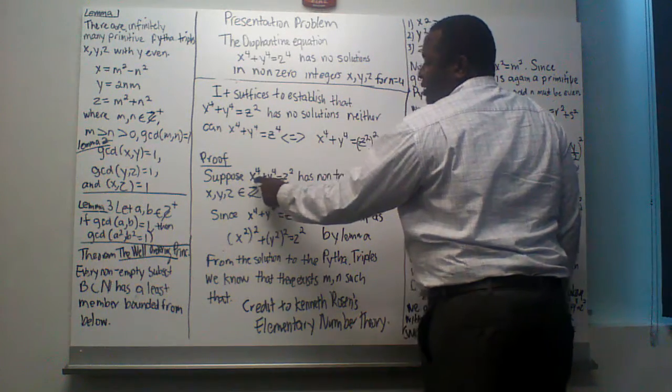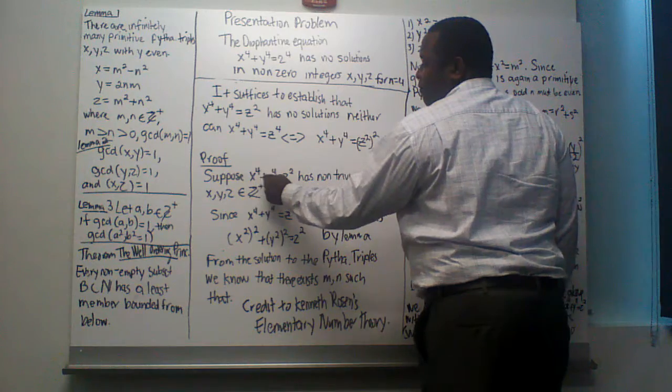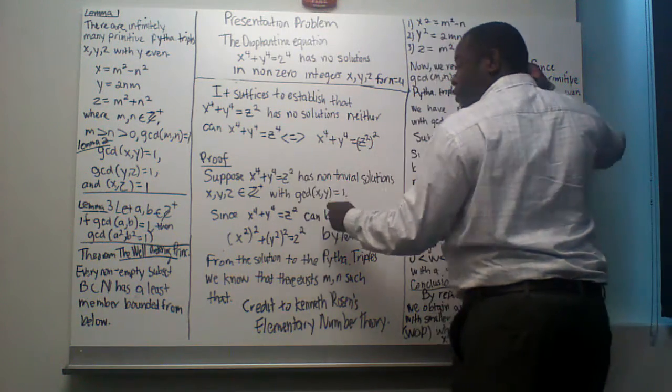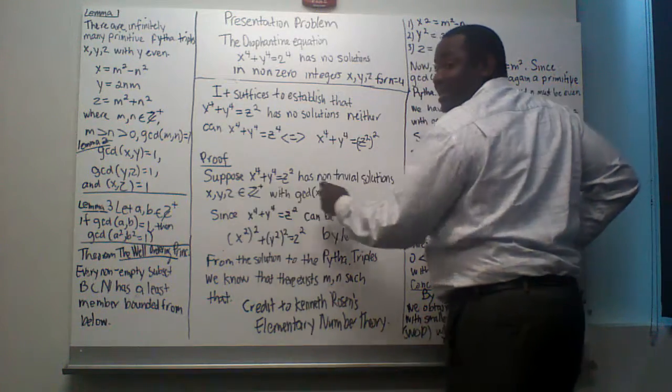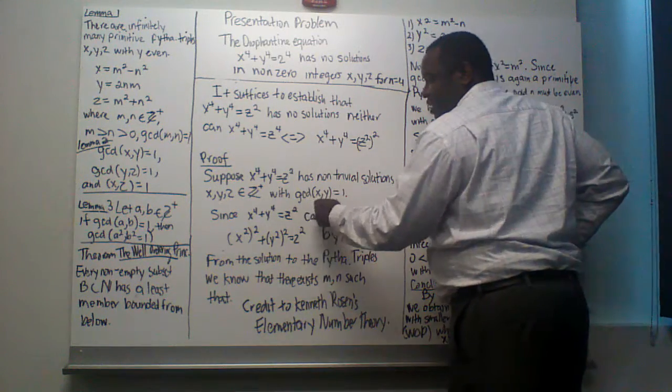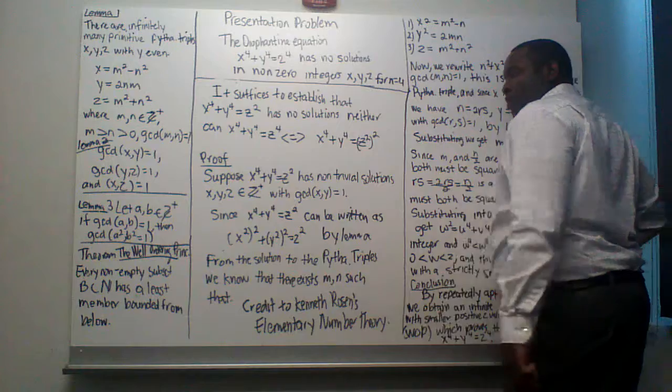Suppose that x to the fourth plus y to the fourth is equal to z squared has non-trivial solutions, x, y, and z positive, with the GCD of x, y is equal to 1.